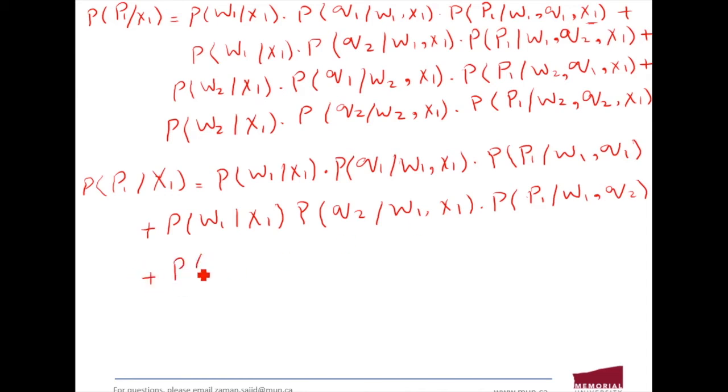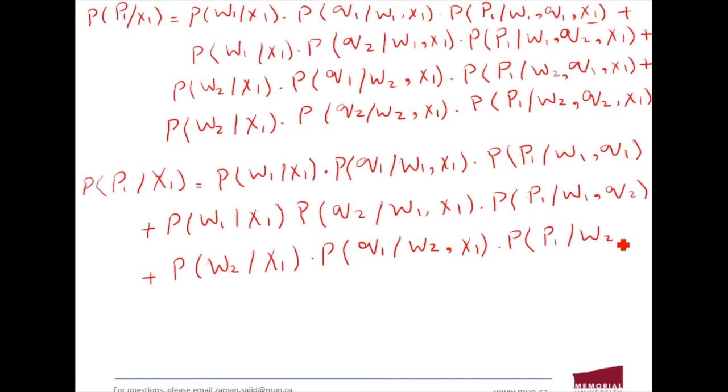It will be the probability of W2 over X1, and then the probability of Q1 given W2 and X1, times the probability of, now again in this term we can ignore our X1 because X is not the immediate parent of P. This will be P1 given W2 and Q1.